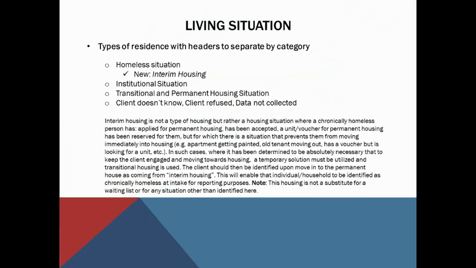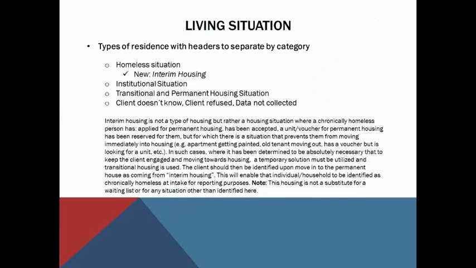Interim housing is not a type of housing, but rather a housing situation where a chronically homeless individual has applied for permanent housing, has been accepted, a unit or voucher for permanent housing has been reserved, but there's a situation that prevents them from moving immediately into housing.